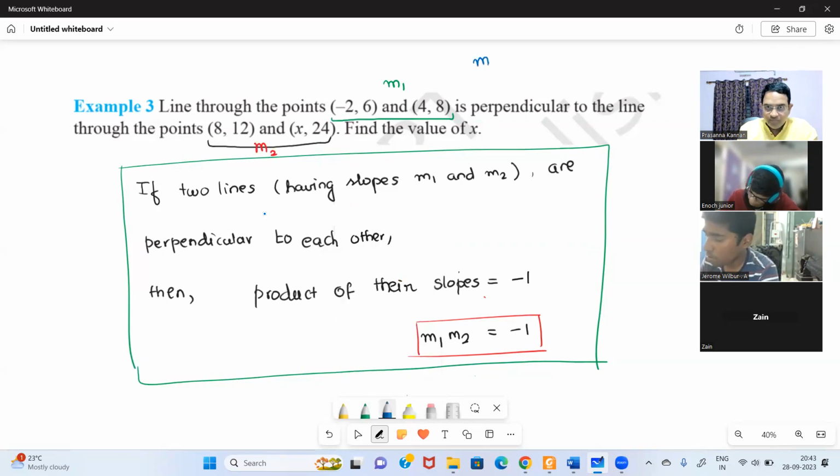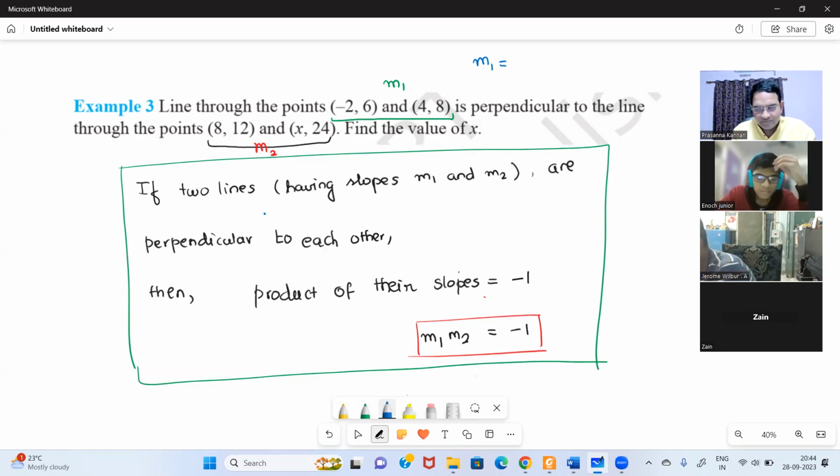Okay. Let's find out m1, students. What is m1? y2 minus y1 by x2 minus x1. Enoch, tell me. You use the formula y2 minus y1 by x2 minus x1.